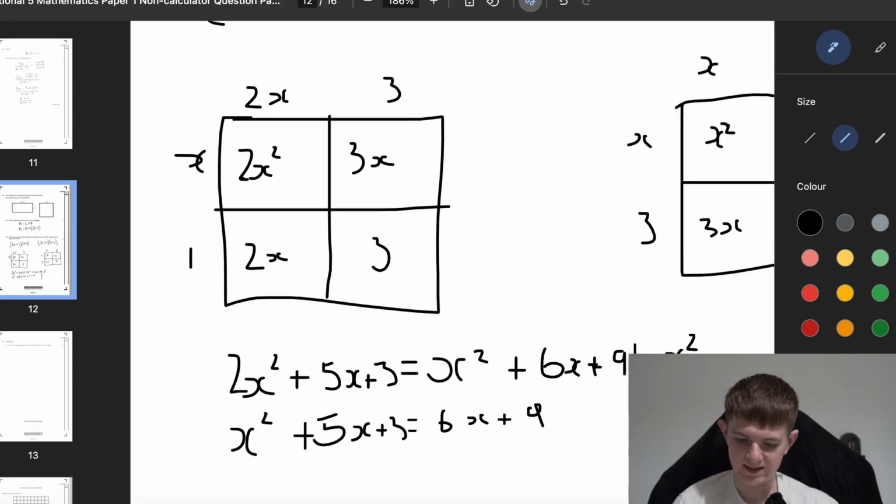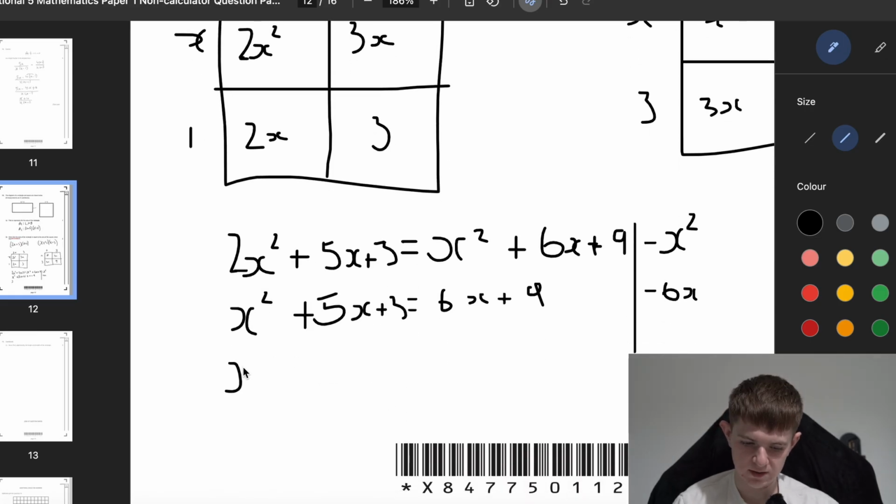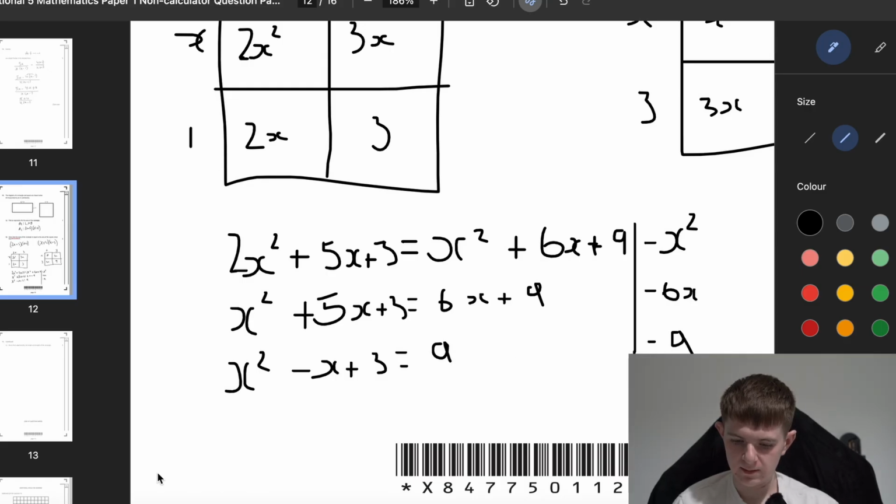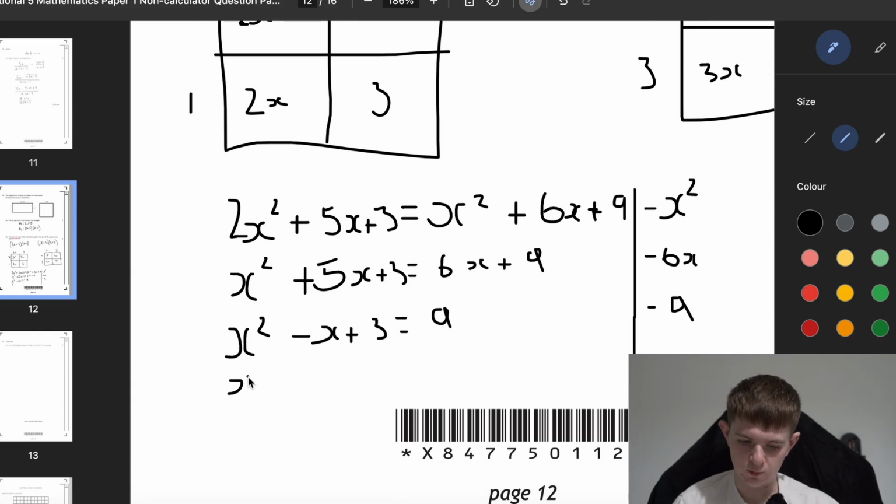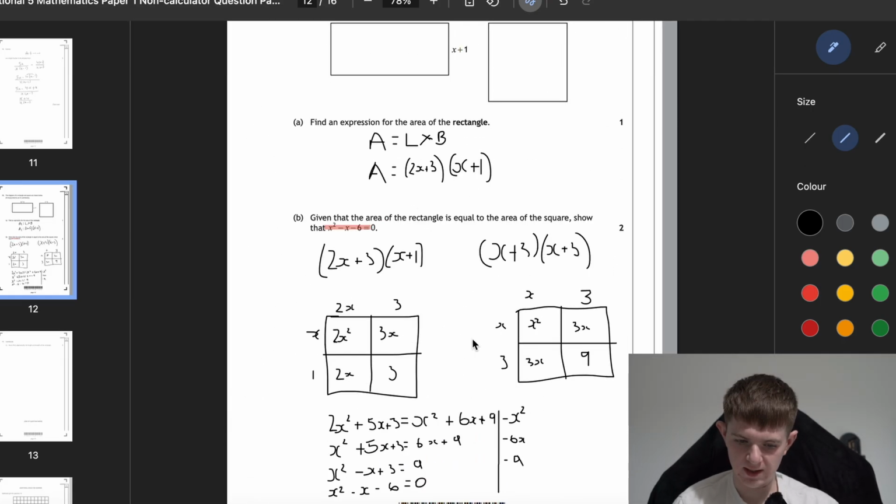I'm going to take away our 6x there, so take away 6x. That's going to get us x squared, take away x, add 3, equals 9. Now, take away the 9. So we've got equals 0. So x squared, take away x, take away 6, equals 0. Does it match the answer we're looking for? It does. There's your marks.